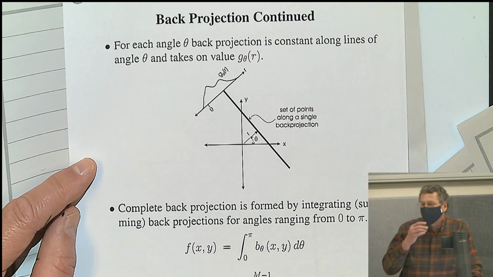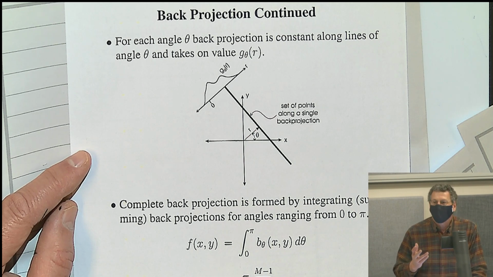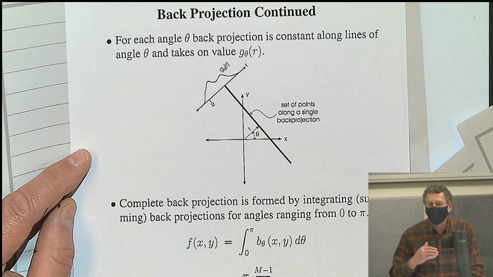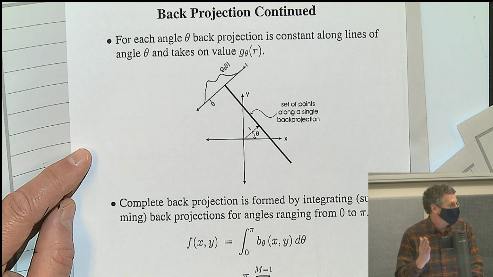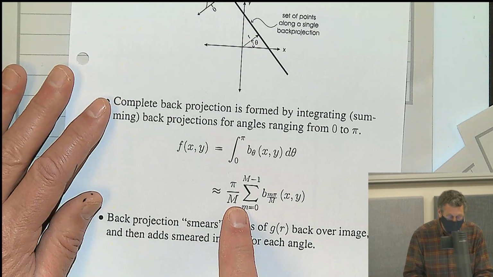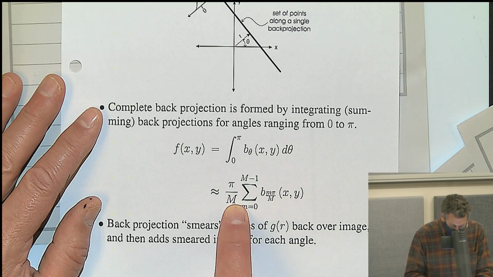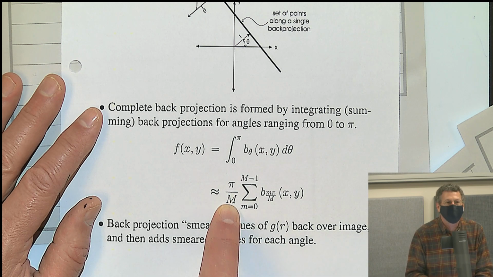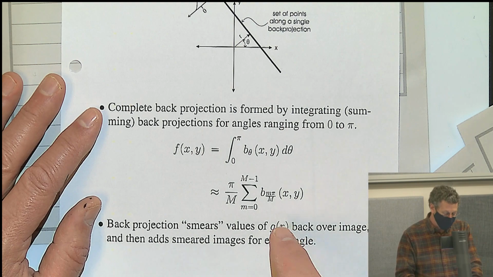So you might have, I don't know, 180 projections over pi angles. Then the projections would be spaced by 1 degree. If you do that, you're approximating the integral by a sum. So then you have this sum, but you have to multiply by this appropriate factor. It's sort of like the size of a trapezoid to correct it so that it's equal to the integral.